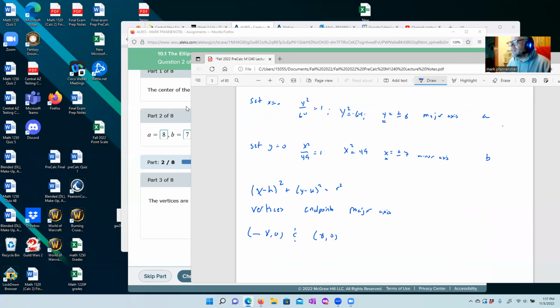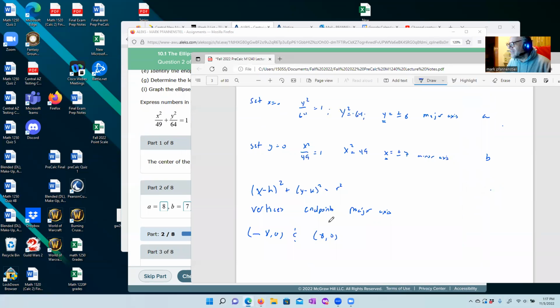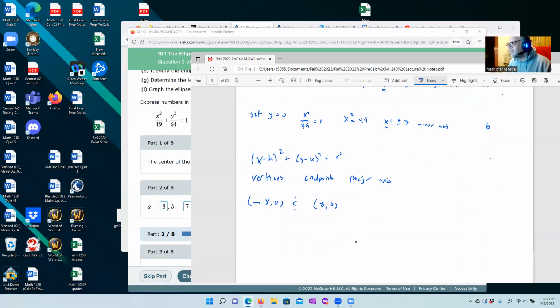Actually, let me double check to make sure. I would rather have y. Y looks like the major axis to me, because that's bigger. So it's not an ellipse that's stretched out along the x-axis. It's an ellipse that's stretched out along the y-axis.